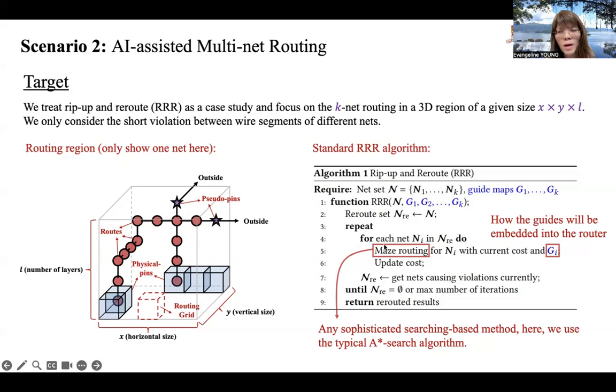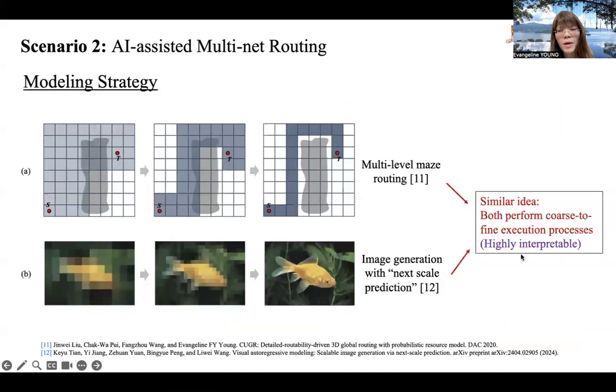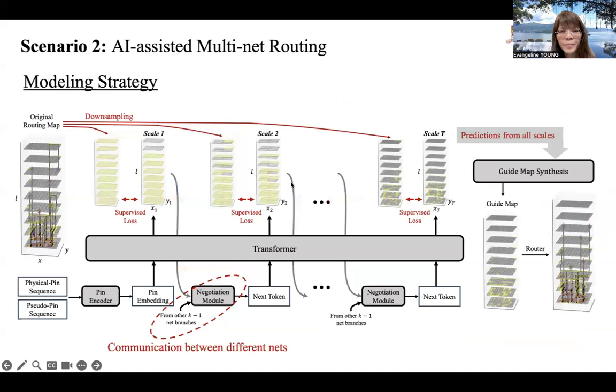Our router is the commonly used A-star search using maze routing, and we hope to use this AI-generated route guide to help do the routing. We use a next-scale strategy, which tries to predict the route guide at higher and higher resolution until it becomes something more concrete and concise.